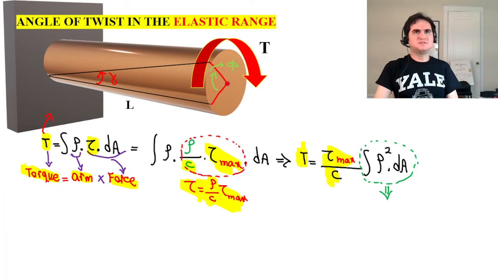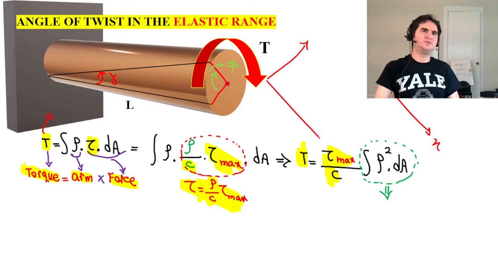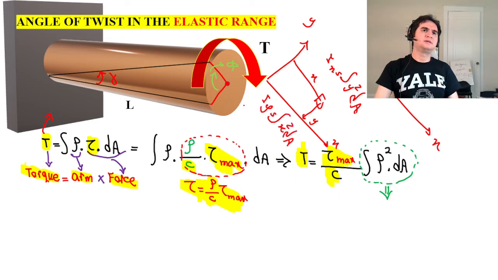That's an interesting fact. If we have an element in x, and we want to calculate Ix, it's the integral of y squared dA, Iy is x squared dA, and Io is x squared plus y squared dA, which is rho squared dA.